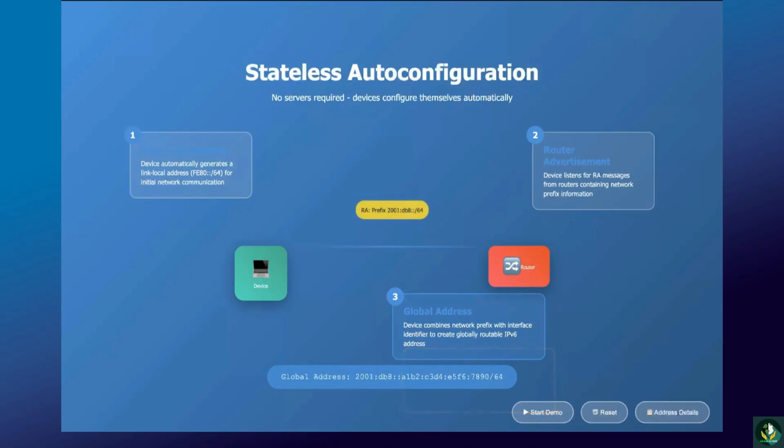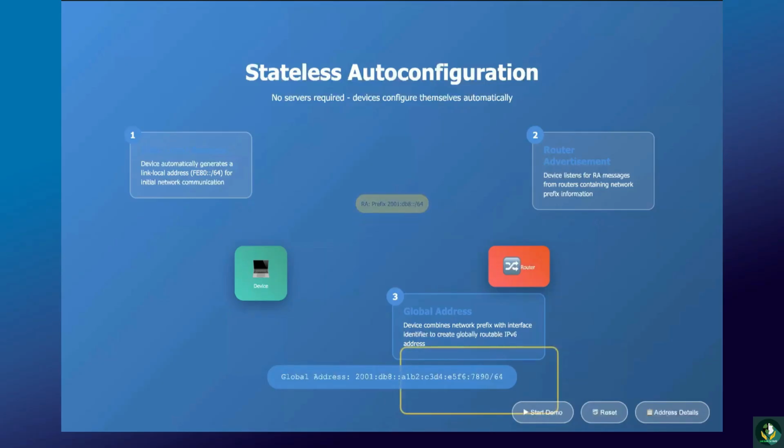Then the host listens for router advertisement, or RA, messages from routers on the local network. The RA messages include the network prefix, which the host combines with its interface identifier to form a globally routable IPv6 address.